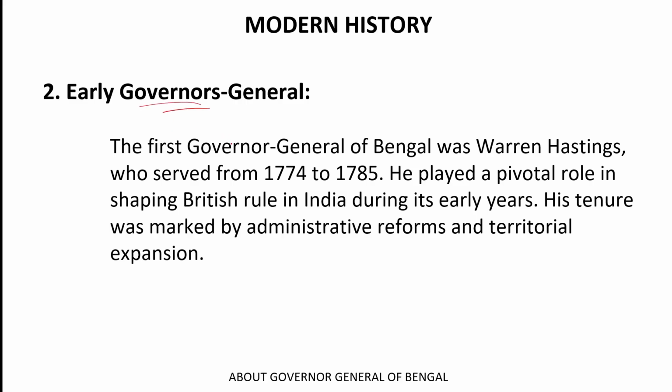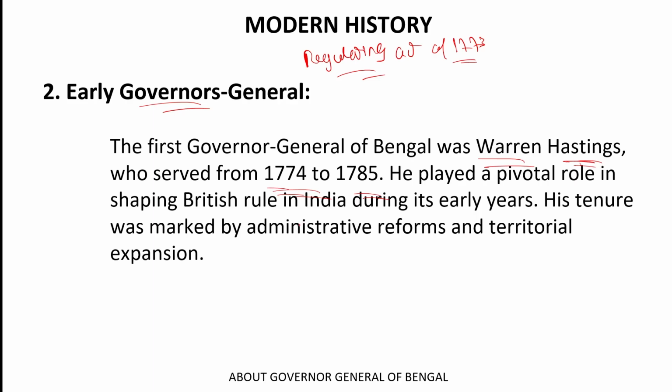Now come to the early Governor Generals. The first Governor General of Bengal was Warren Hastings, whom we are going to cover in detail. He served from 1774 to 1785, just after the Regulating Act of 1773. He played a pivotal role in shaping British rule in India during its earlier years.